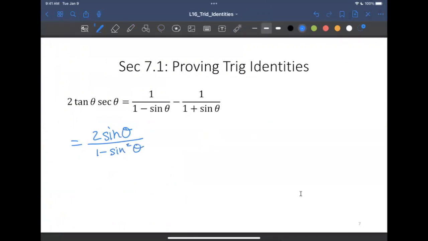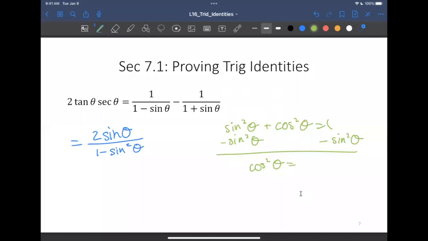Okay, so again, we're going to have to use that trick of messing around with a trig identity we know. So we know that sine squared theta plus cosine squared theta equals 1. If I subtract sine squared theta from both sides, I'm left with cosine squared theta is equal to 1 minus sine squared theta. That's what I have over here.